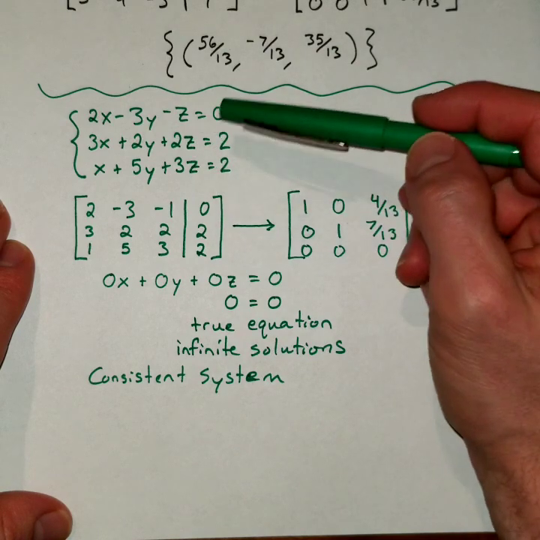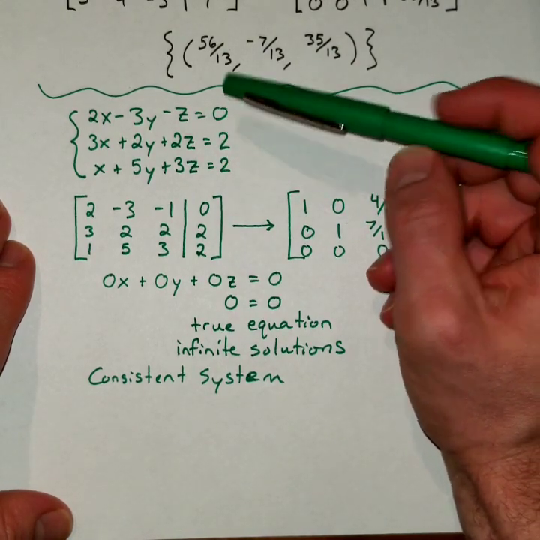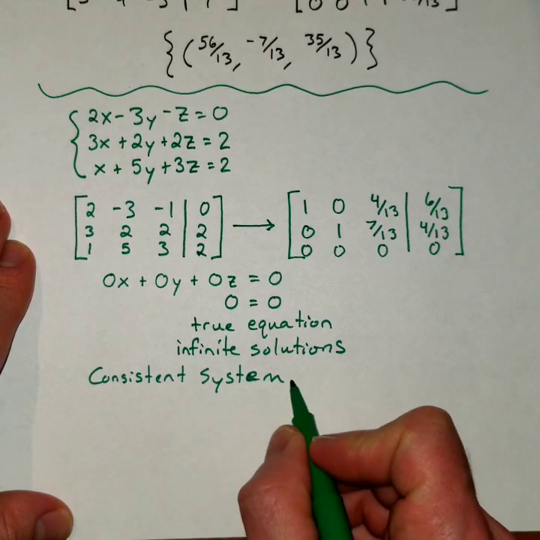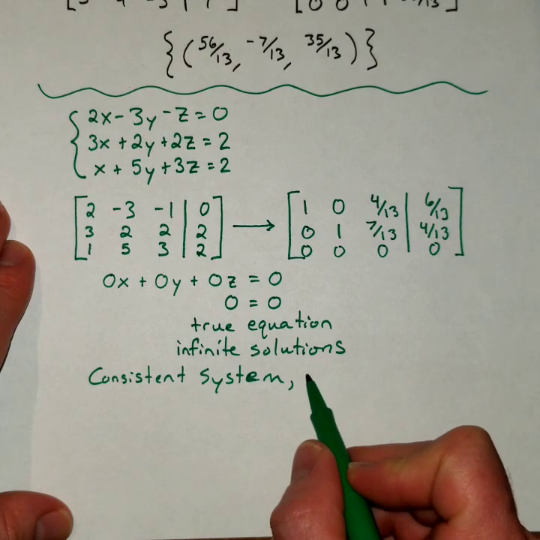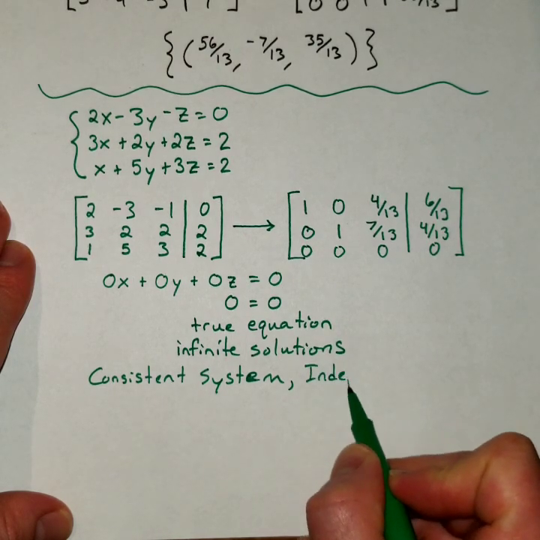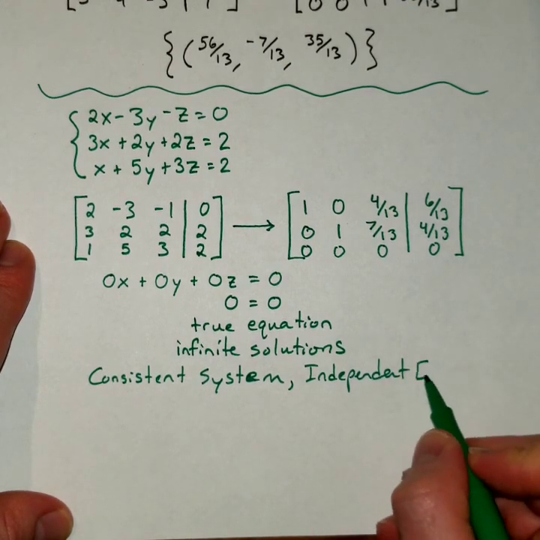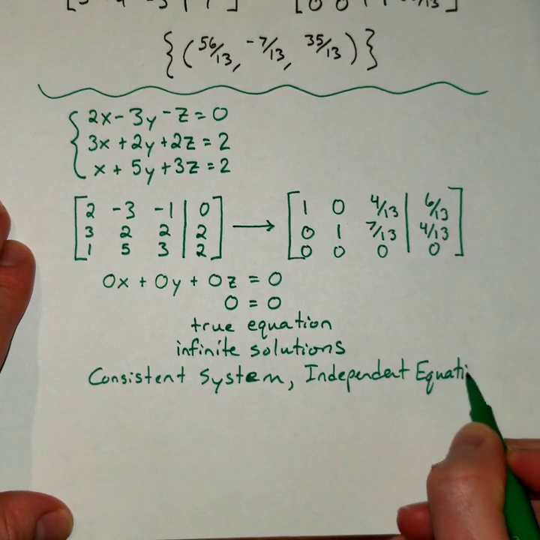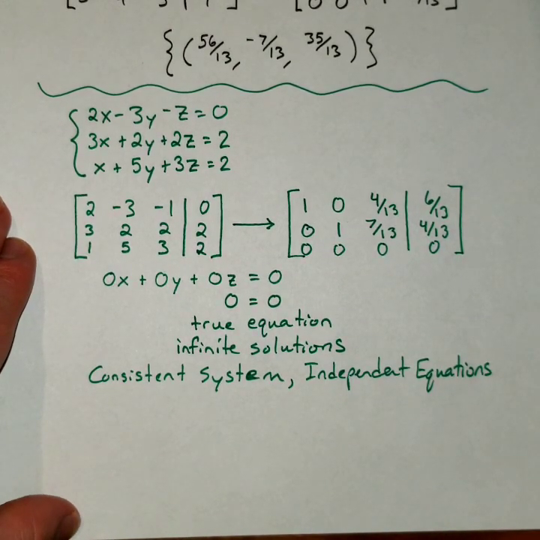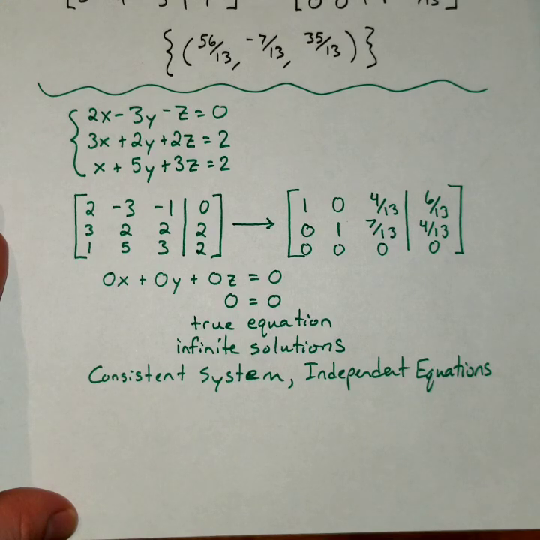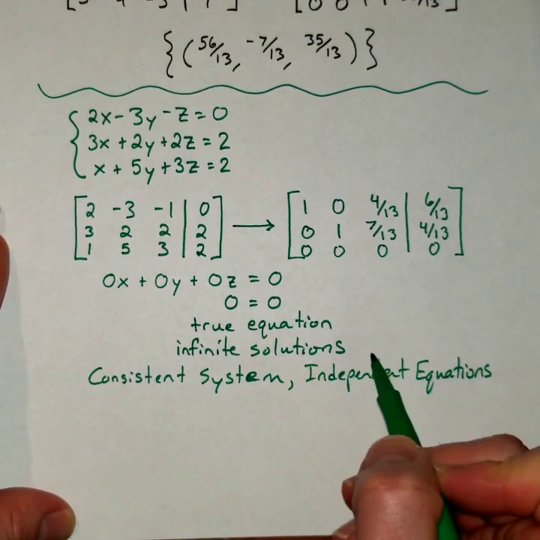And because each of these lines is different from the other, no two of these are the same, I would consider these also independent equations. Okay, so consistent system with independent equations. Okay, so again, it's because of this entire row of zeros on the bottom.